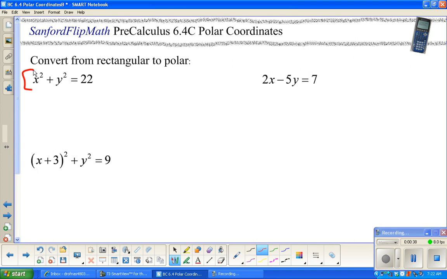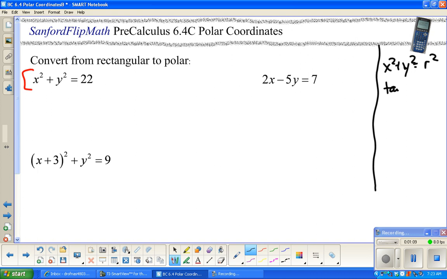Just a reminder, you should be able to look at this and know that this is a circle centered at 0, 0, and its radius would be the square root of 22, because this is like x minus h squared plus y minus k squared equals r squared. Some quick reminders: x squared plus y squared equals r squared, that is a relationship in converting between x squared, y squared, and r squared.